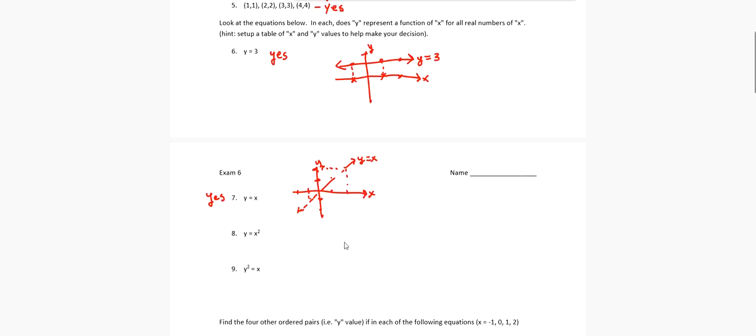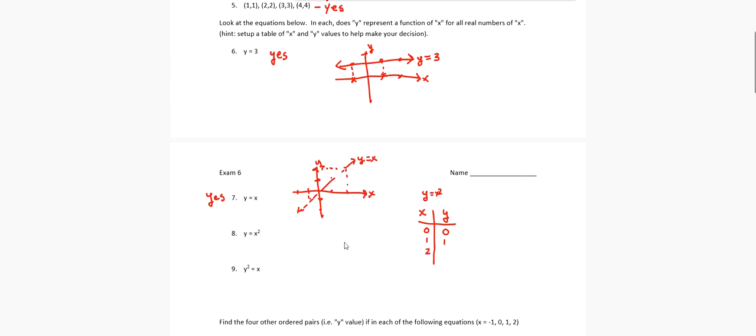Y equals x squared. Well, let's look at it. So y equals x squared. Over here we have x and we have y. If I stick in a 0, I get a 0 out. If I stick in a 1 in for x, 1 squared is 1, I get 1 out.